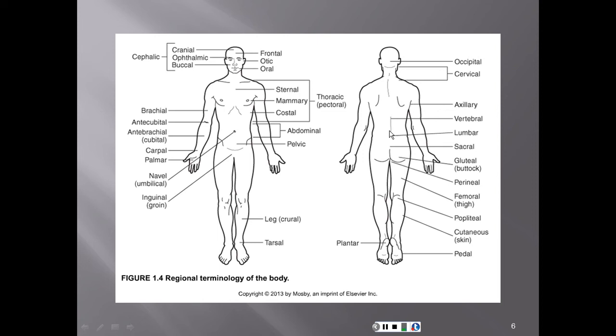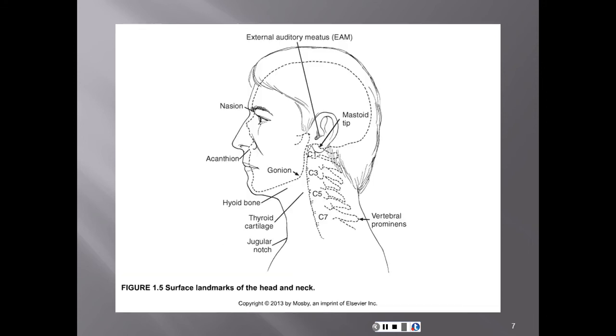Underarm is axillary, then vertebral, the back, lower back lumbar, then sacral, gluteal region, the perineal region, which is pretty much where the anus would be, femoral, popliteal, cutaneous, and pedal is anterior, and the plantar is the soles of the feet.